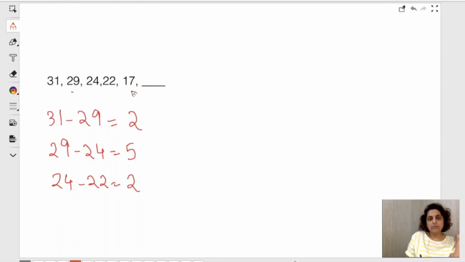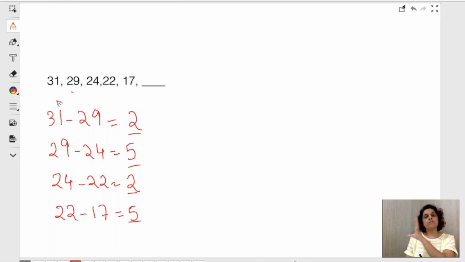Again, we have 22 and 17. What's the difference between 22 and 17? That is 5. So as we can see, the difference is 2, then 5, then again 2, again 5. So it's a series where the difference is alternating between 2 and 5.